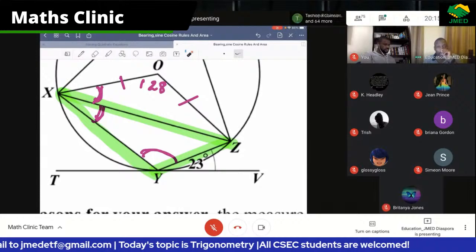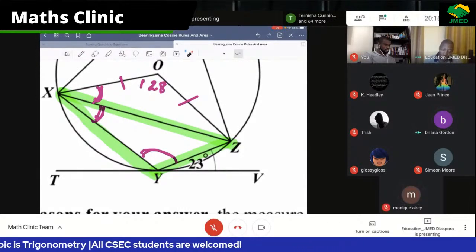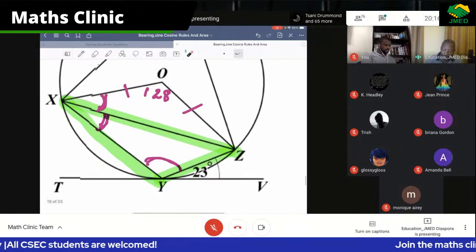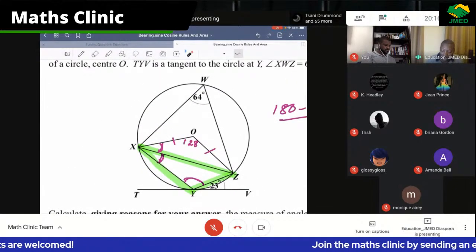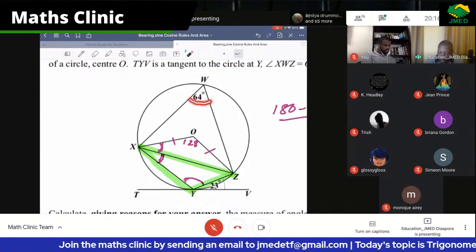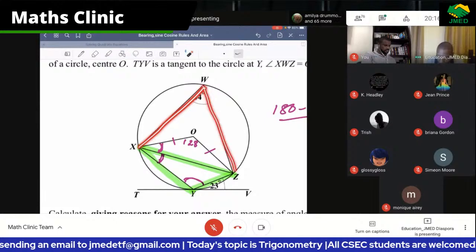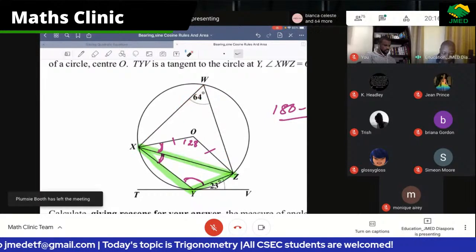Is that clear? Yes. Sir, I get the 128. Okay, 128, because the angle subtended at the center is twice the angle subtended at the circumference, sitting on the same chord. So you notice it sits on this chord here.